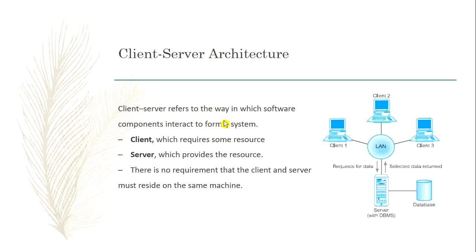The point is that there are specific systems for specific purposes. If one PC is designated to store all the file information, that is the file server. So all the clients that want to get access to the files, their request is transmitted to that particular file server. A client is the one which requires some resource, and a server is the one which provides the resource.